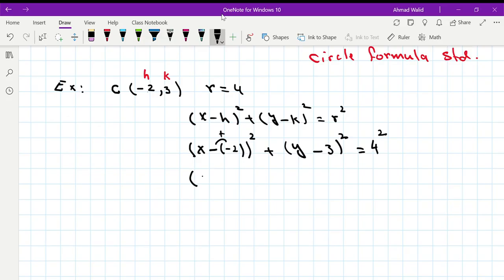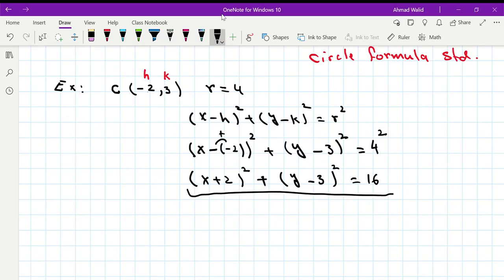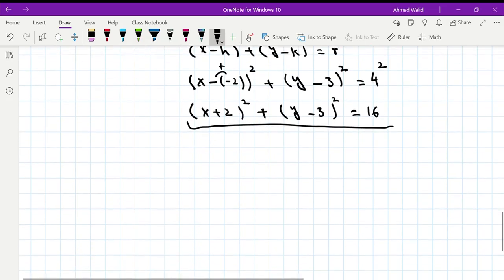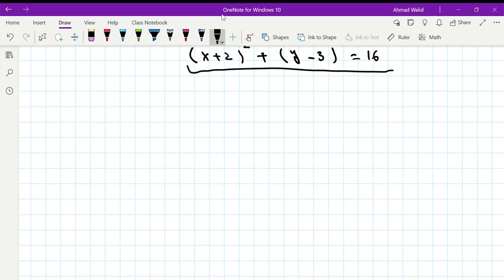Then you can write x plus 2 squared plus y minus 3 squared equals 16. The equation of the circle in standard form, where the center is at negative 2, 3, and the radius is what? 4.